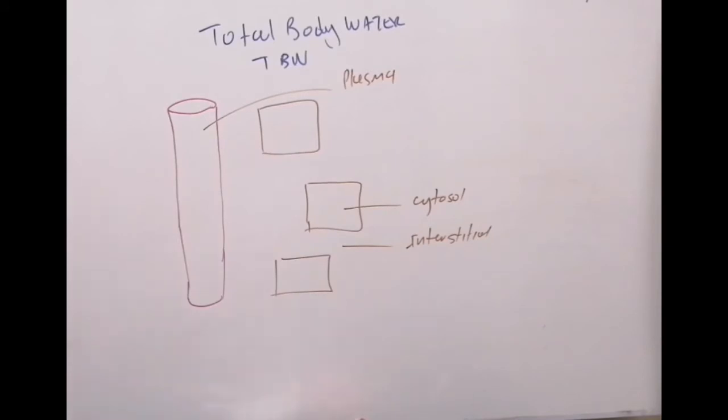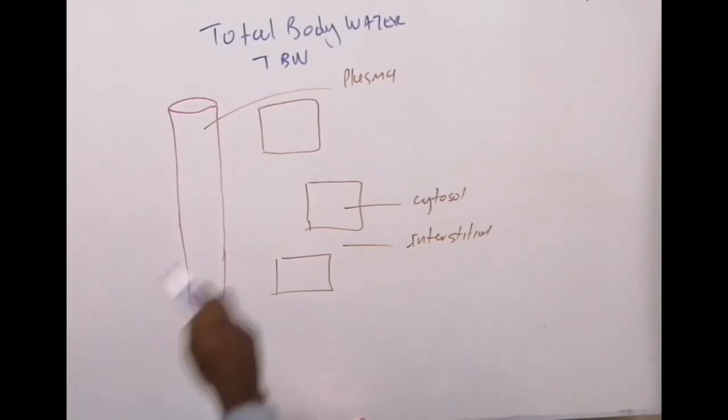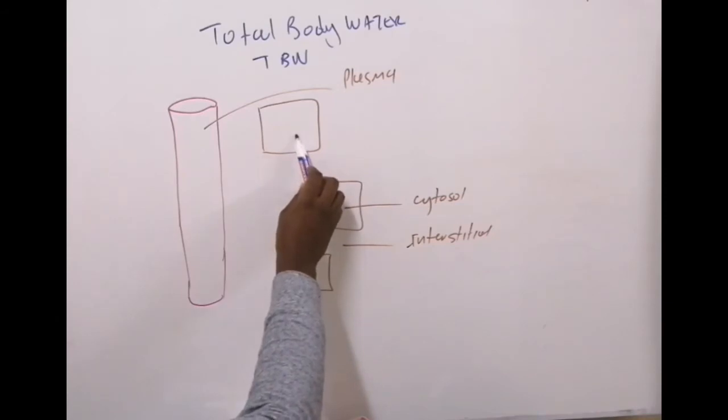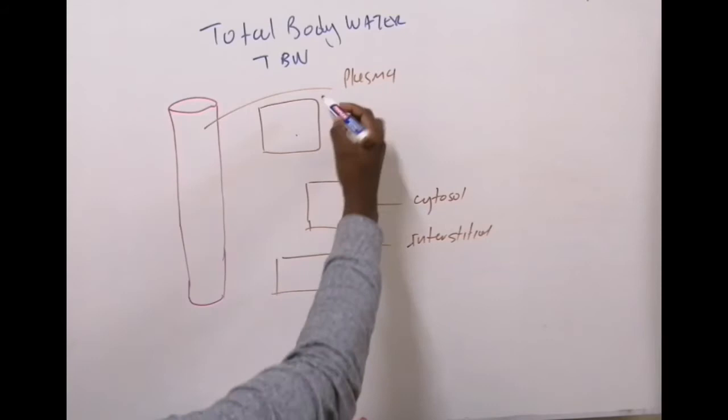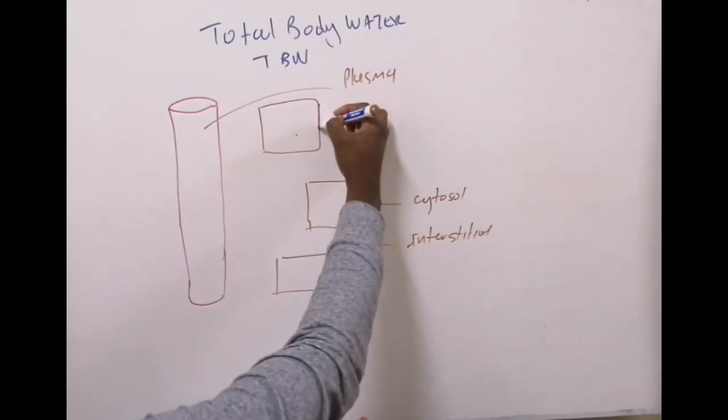So we said that there's a constant movement of water between these compartments. It's also very important to note that what actually separates the intracellular fluid from the interstitial fluid is just one layer, a bilipid layer.